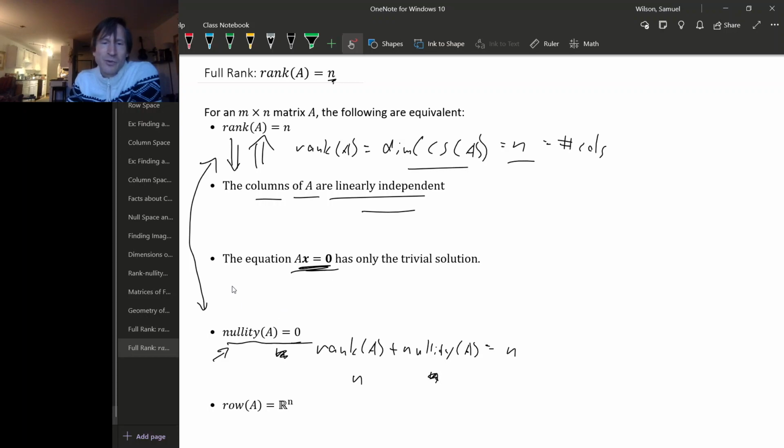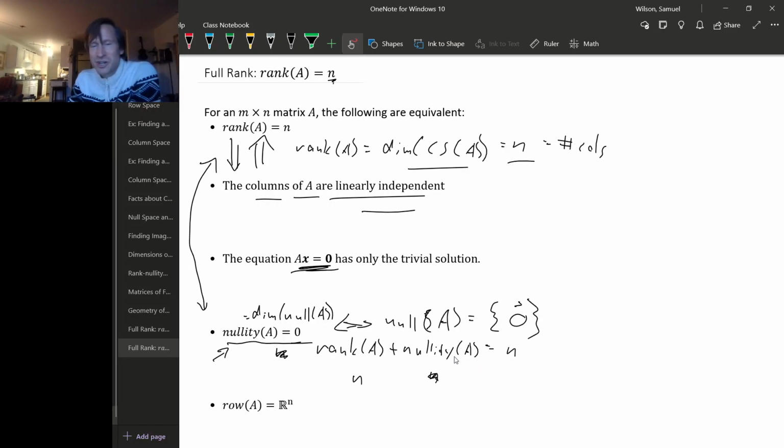Well, remember, the nullity is the dimension of the null space. And the null space is just the vectors that get sent to 0 when you multiply by A. So how could it be that the dimension of the null space is 0? The dimension of the null space is 0 when the null space of A is just the 0 vector.